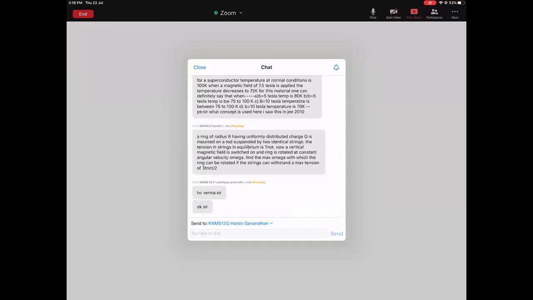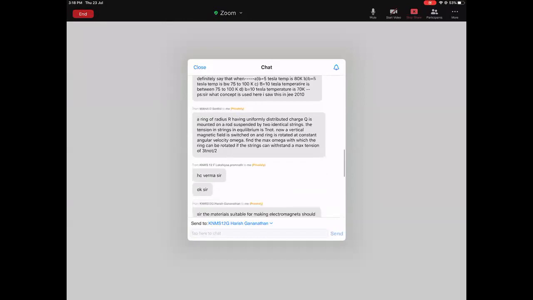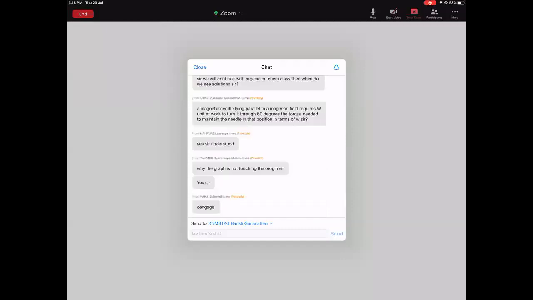Now a vertical magnetic field is switched on and the ring is rotated at constant angular velocity omega. Okay, I need time. If you can send me a photo of the printed question, I'll be happy, if some diagram is there.